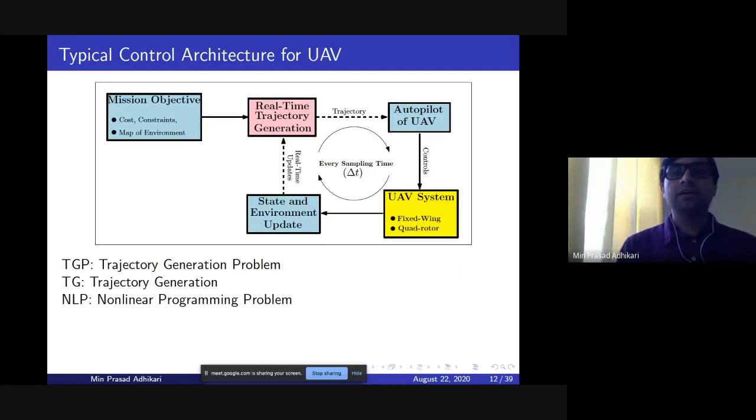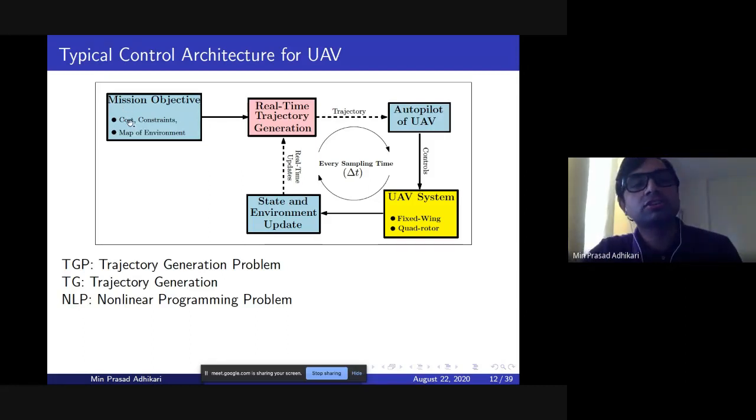So this is a really high-level picture of what the control architecture for UAVs looks like. We have mission objectives, and when you say objective, you have a cost function or objective function. Let's say you want to reach the goal point, you want to remain close to the path, and I'll discuss this a little bit later as well.